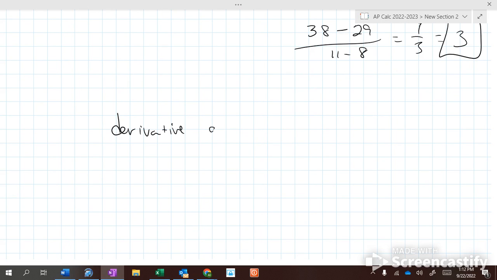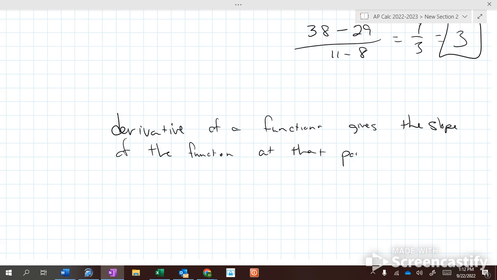The derivative of a function gives the slope of the function at that point.